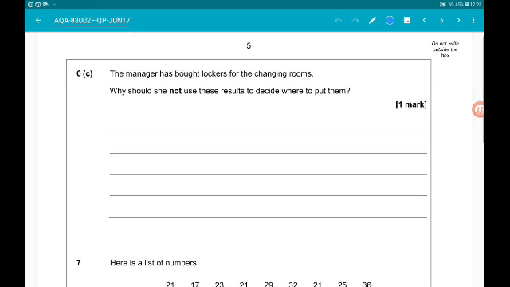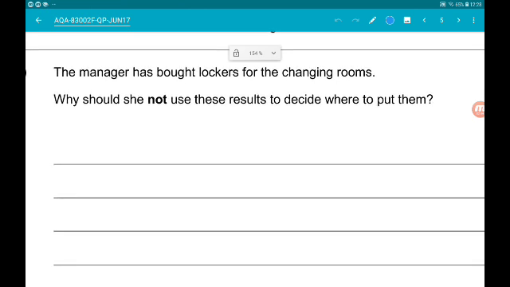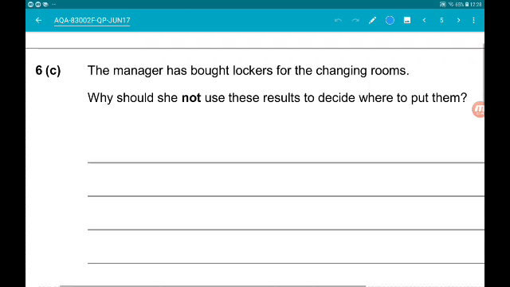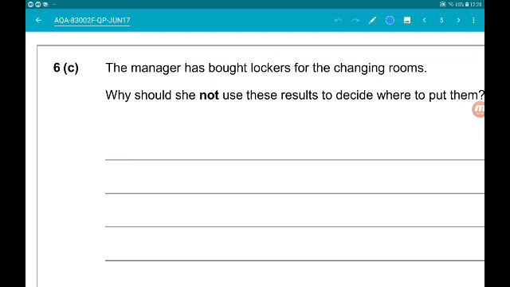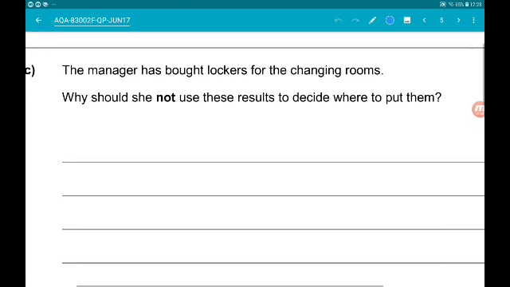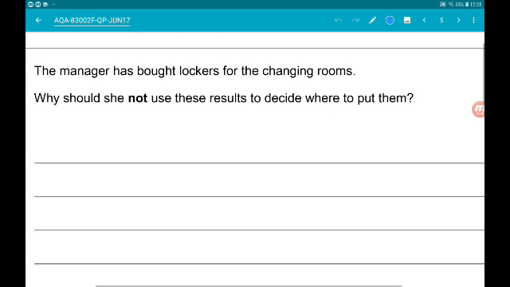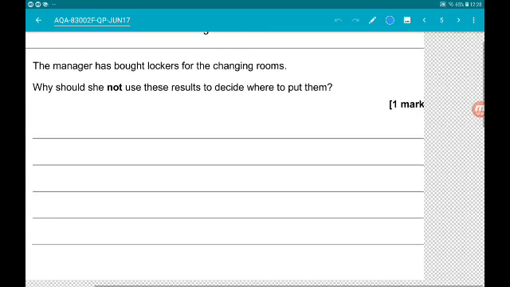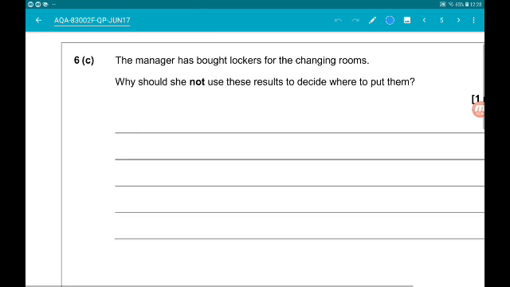Okay, then for part C, the manager has bought lockers for the changing rooms. Why should she not use the results to decide where to put them? So, how many marks is this? Okay, it's only 1 mark.